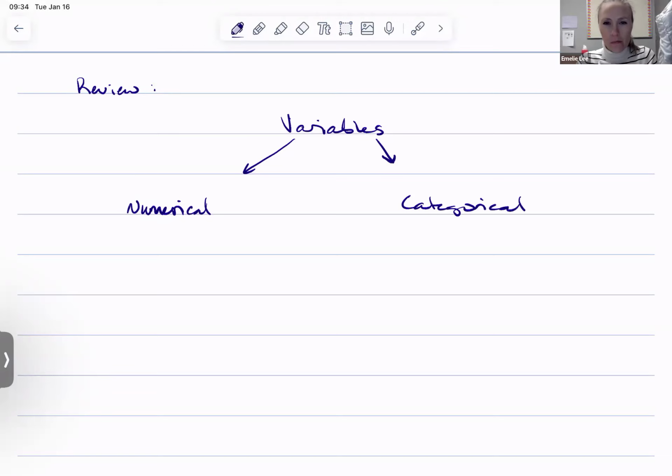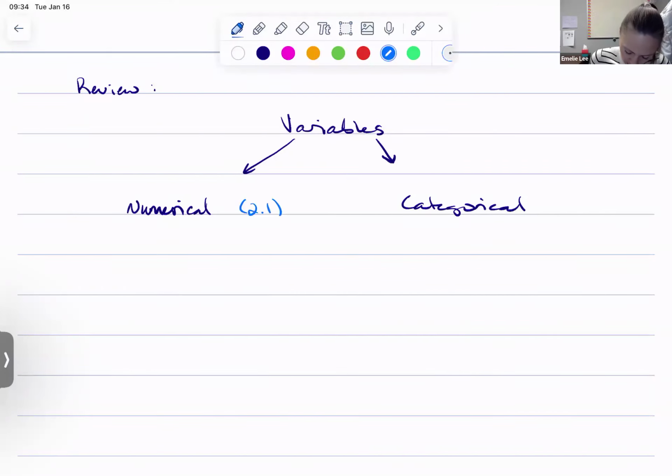Now we're going to focus. So today in 2.1, we're going to focus on how we can summarize and how we can visualize numerical variables. And then in section 2.2, we're going to summarize and visualize categorical variables.